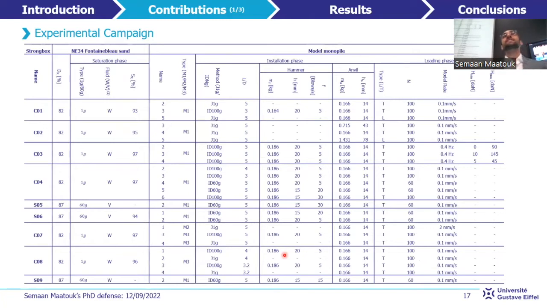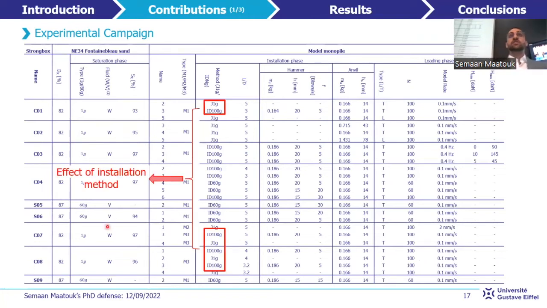Overall, 25 exploitable experiments are conducted in the study on the centrifuge model, tested either at 60G or at 100G, in 9 different strong boxes, in order to study the effect on the horizontal response of the monopile of, first, the installation mode by using 2 different methods, jacking at 1G or impact driving at 100G.